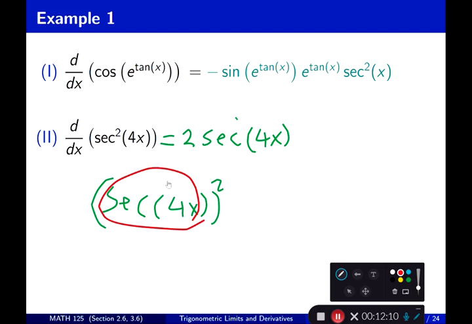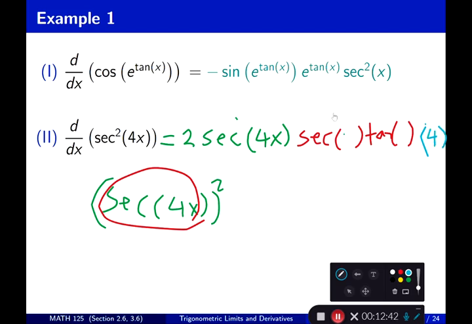And so now the derivative of secant of something is going to be equal to secant of that thing, tangent of that thing. Then the derivative of 4x, which is the most inner, is going to be 4, times 4. But what was inside?